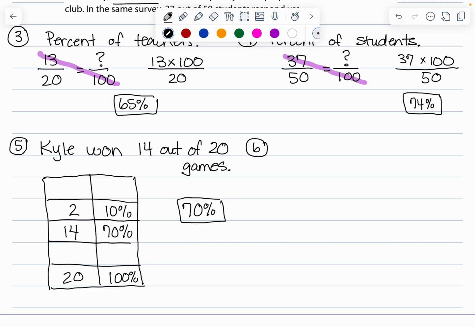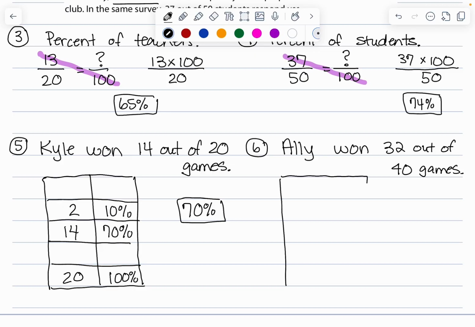Problem 6, we're going to use Allie. Allie won 32 out of 40 games. I like to put it on a table.